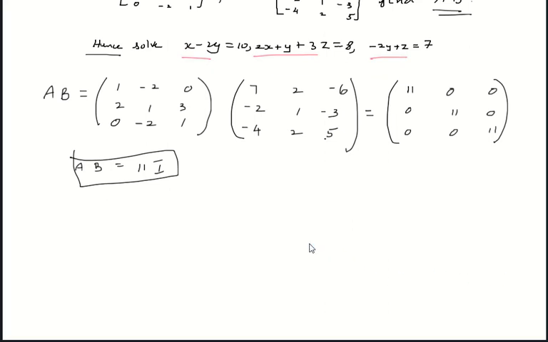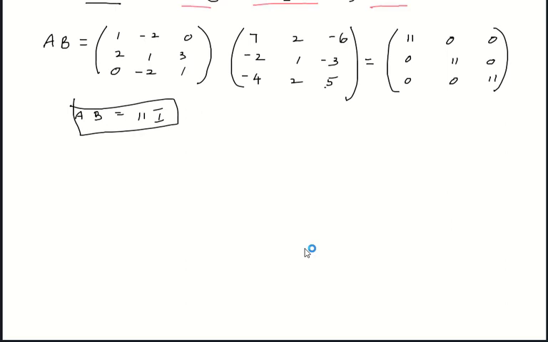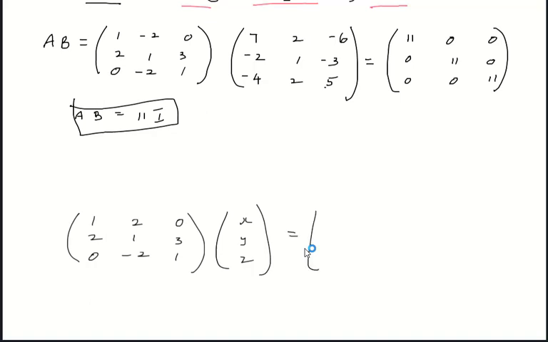Now the given system is written in matrix form: 1, negative 2, 0, 2, 1, 3, 0, negative 2, 1 into the X matrix, x, y, z, equal to the constant matrix 10, 8 and 7.